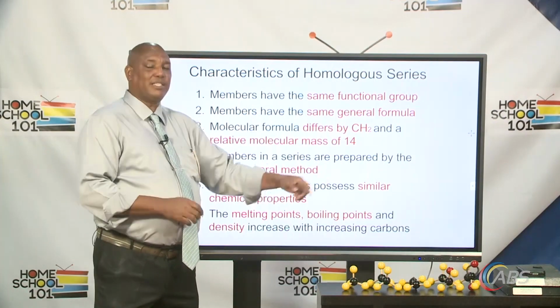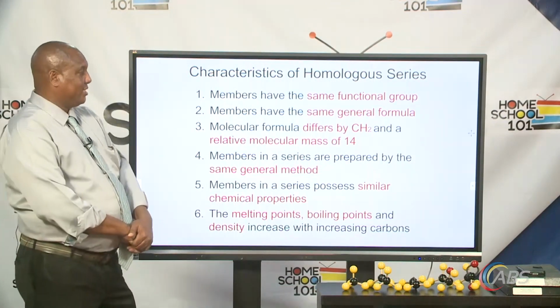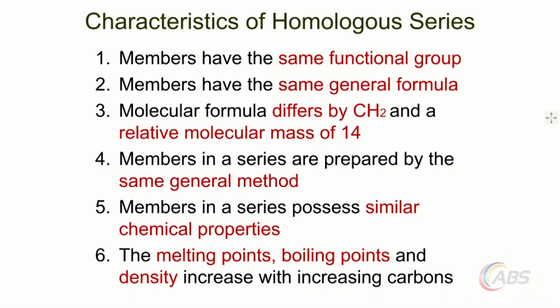The relative mass of carbon is 12. Carbon 12,6, the relative mass is 12 atomic mass units. For hydrogen, it is 1, but if you notice here, we have CH2. So we have 2 hydrogens. So that's 2 times 1, which is 2. So 12 for carbon, 2 for hydrogen gives us a relative mass of 14.